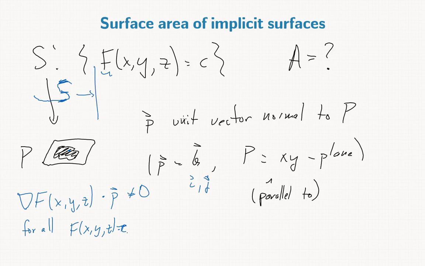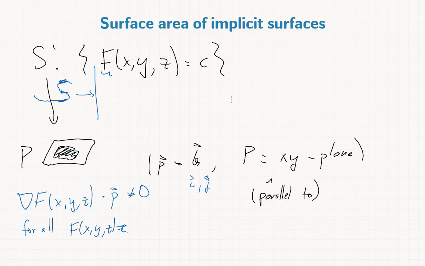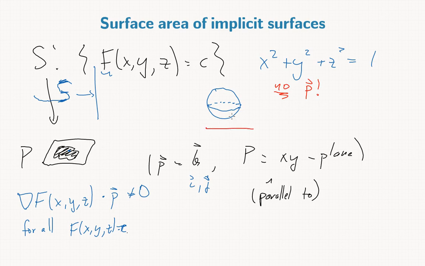So for example, if our surface was the unit sphere x squared plus y squared plus z squared is 1, then there is no possible choice of P for which this will work, because if this is our plane, then we'll have 2 points above the same thing here.